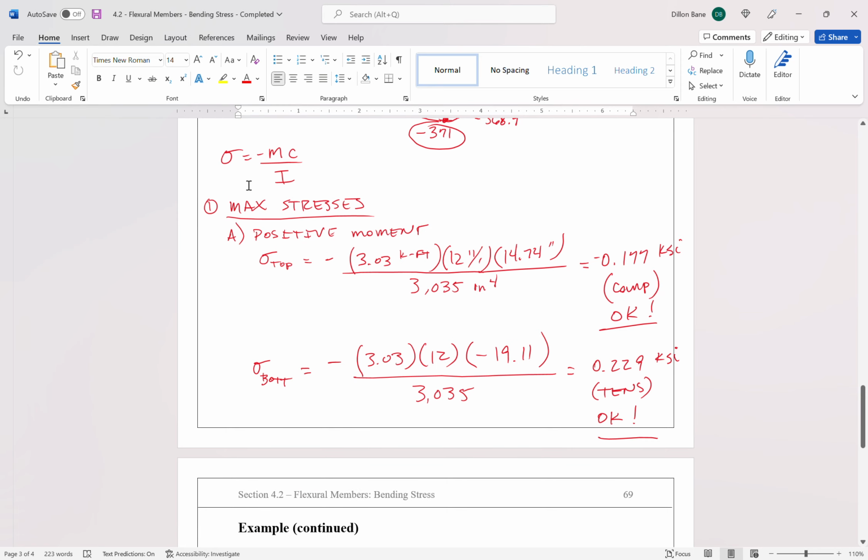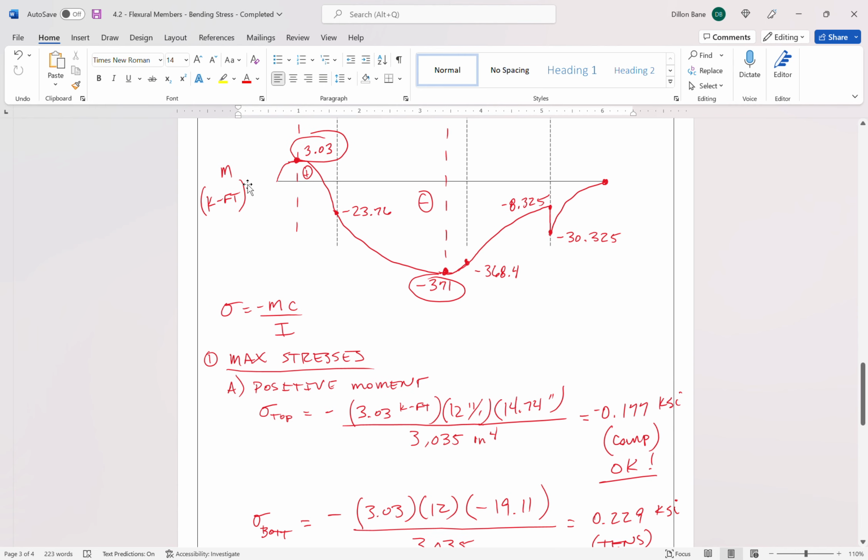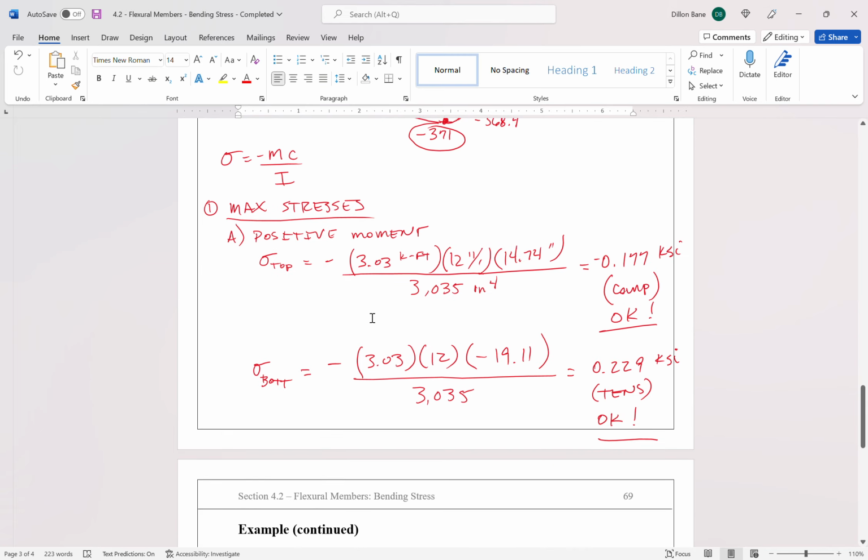The next thing that we need to do is investigate our stresses on the beam at the location of maximum negative moment, this negative 371 kip feet. So it's the same procedure. We're going to investigate top and bottom stresses, but over here at this location where the maximum value is negative 371.